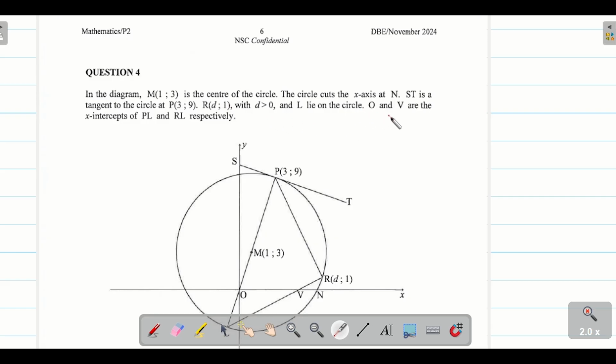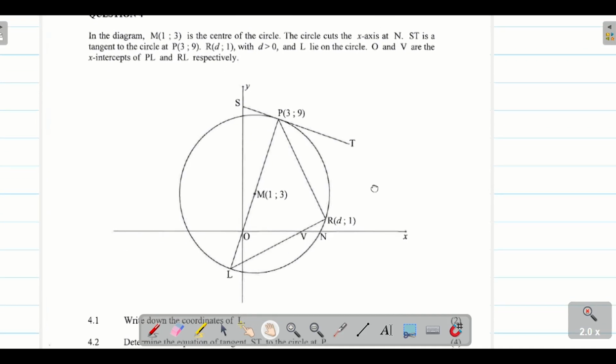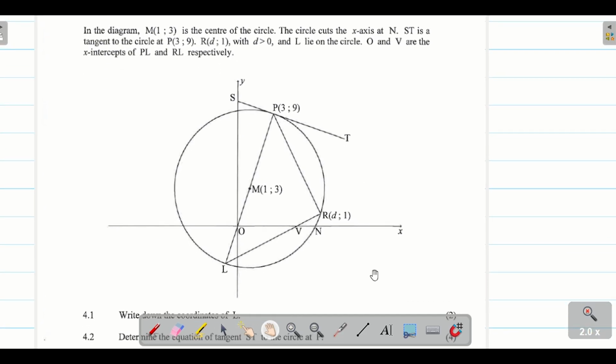They are points on the circle. O and V are the x-intercepts of PL and RL. So it's always good to read the information that you have been given.